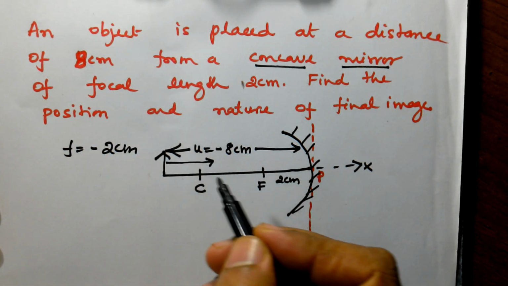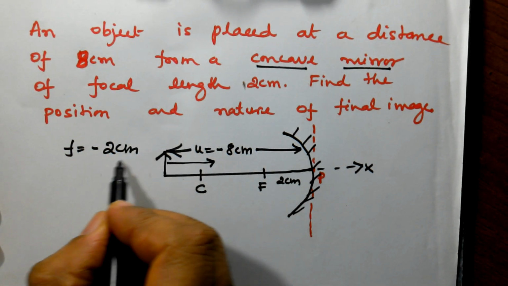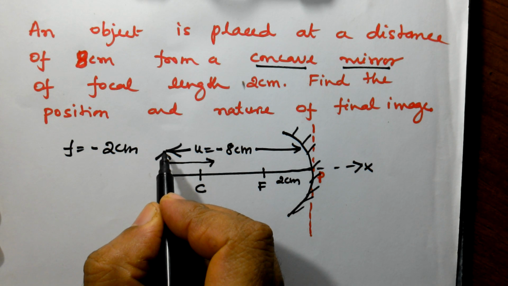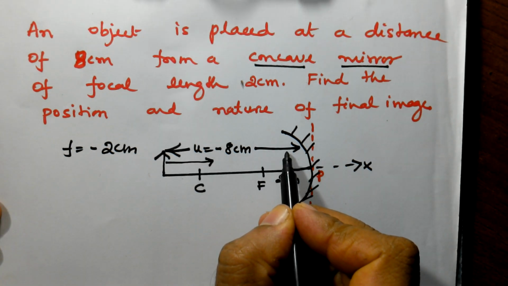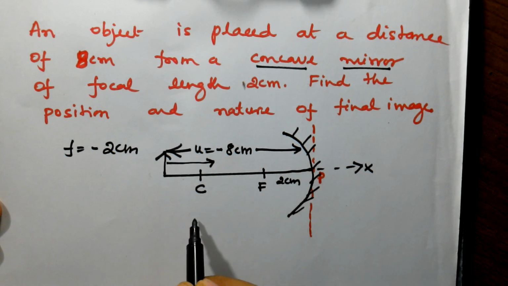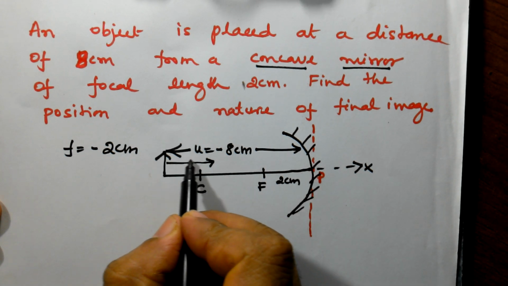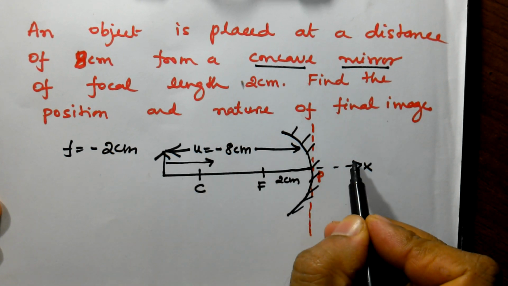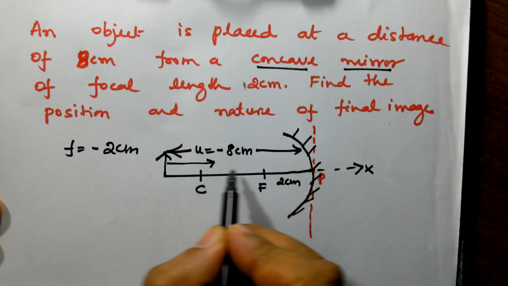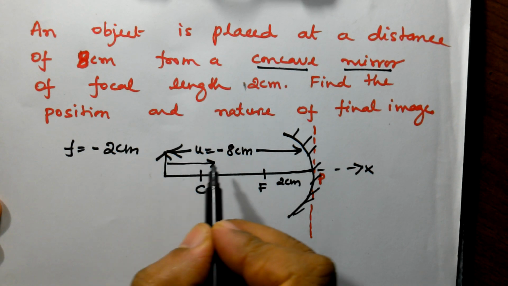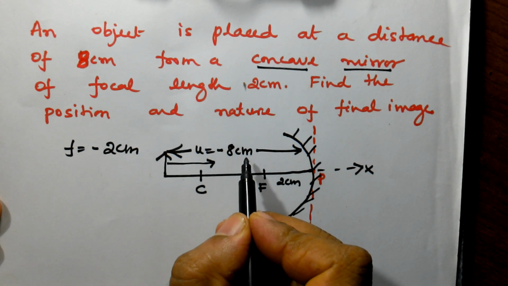Yes, there are rays of light, but they don't reach the mirror, so they don't contribute to the formation of the image. Only the rays which move to the mirror and get reflected form the image. This ray of light is moving to the mirror along the plus x-axis, so you measure the object distance from the pole opposite to the direction of the ray of light. So it is taken as negative, minus 8 cm.